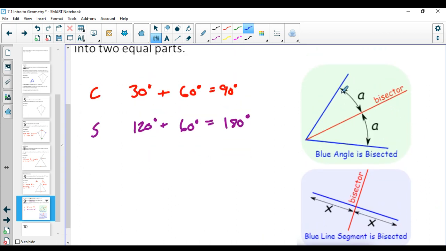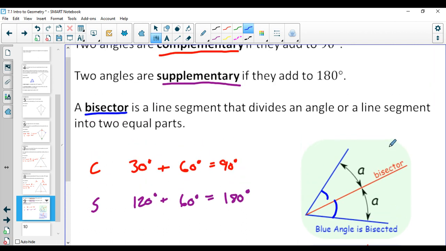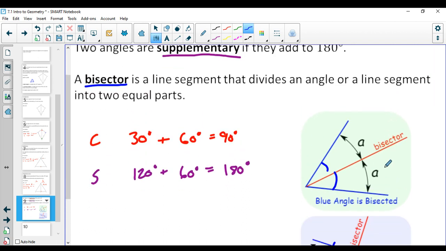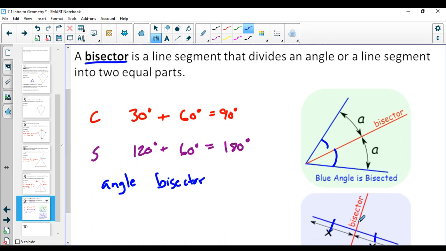So if we cut an angle in half, then this is a bisector, if these two angles are the same. And if we cut a line into two equal parts, then the line that did that is also a bisector. Later on, you might hear more specific things like angle bisector, meaning it did it to an angle, and probably just a normal bisector if it's just lines.